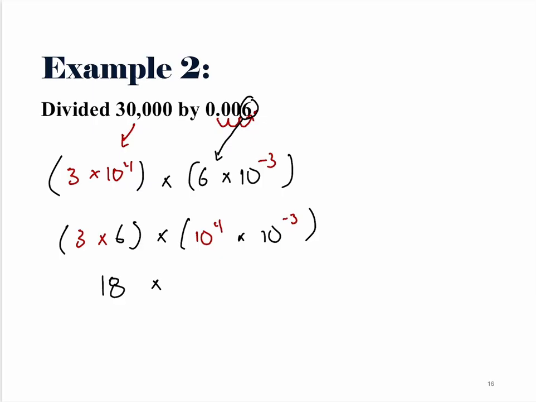Right, so this is going to simplify to 10 to the 4 plus negative 3, right? So that should be 1, right? 4 plus negative 3 is the same thing as 4 minus 3, which should be 1. So this then goes to 18 times 10 to the 1.